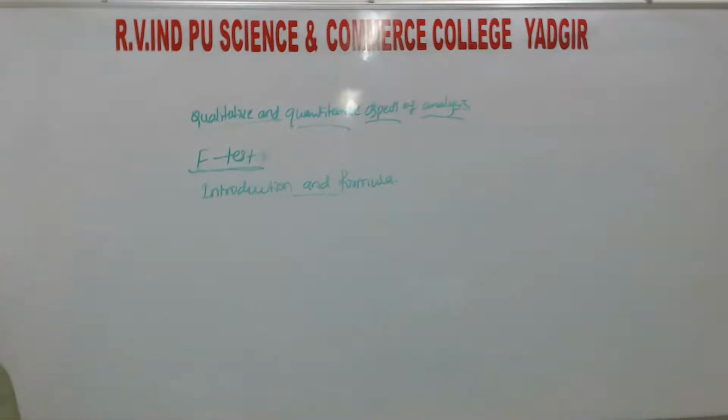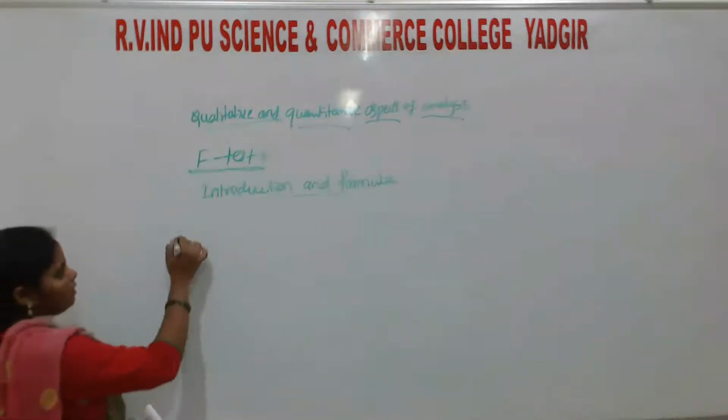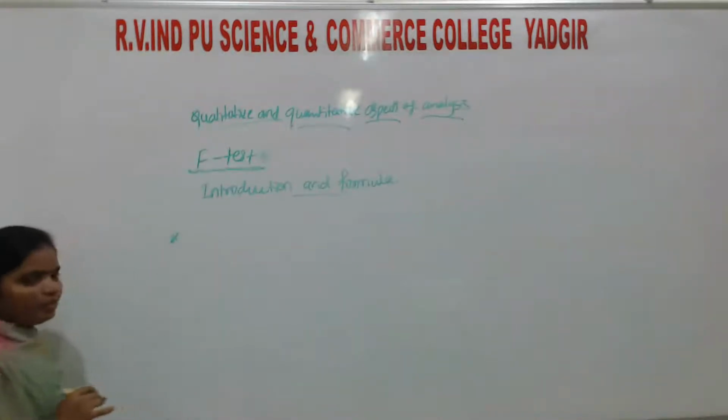Here the calculated F value is less than the tabulated value. I write one note here.